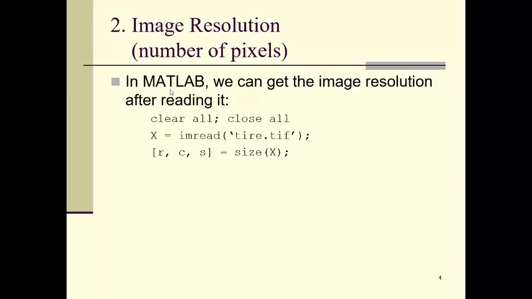Okay? Even if this image, for example, is a grayscale image, what will be the value of S here? It will be equal to 1 if it is grayscale. If it is RGB, S here will be equal to 3. Right? Of course, here R and C are the number of rows and the number of columns. Okay, this is evident.